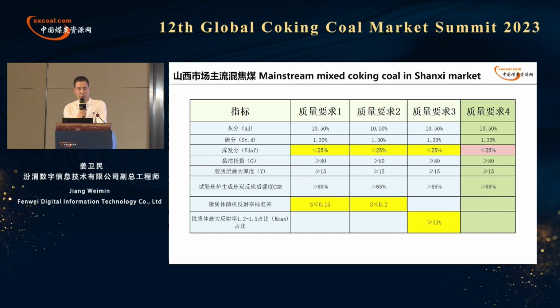The first is the G and Y value plus the standard deviation of 0.15, and the other is 0.2 of a standard deviation. And then we have another category which has no requirements in terms of a standard deviation.